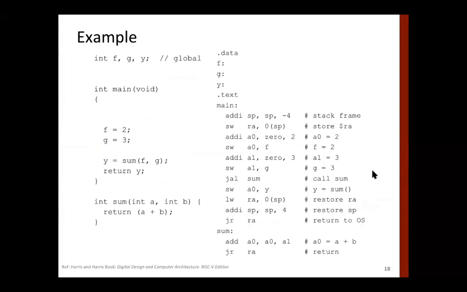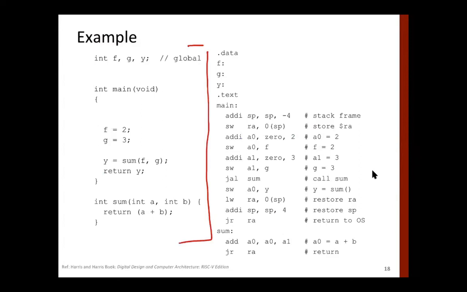Now let's look at this example. When you're doing your assignment for the assembler or simulator, the file will have this format. You define data with .data, and in that you define various data items. So let's look first at the C program, which is on this side.